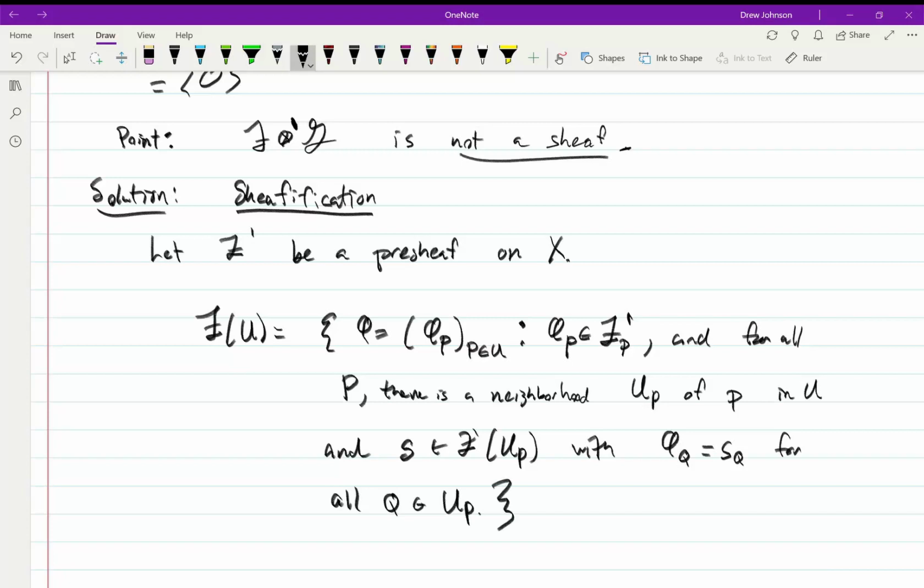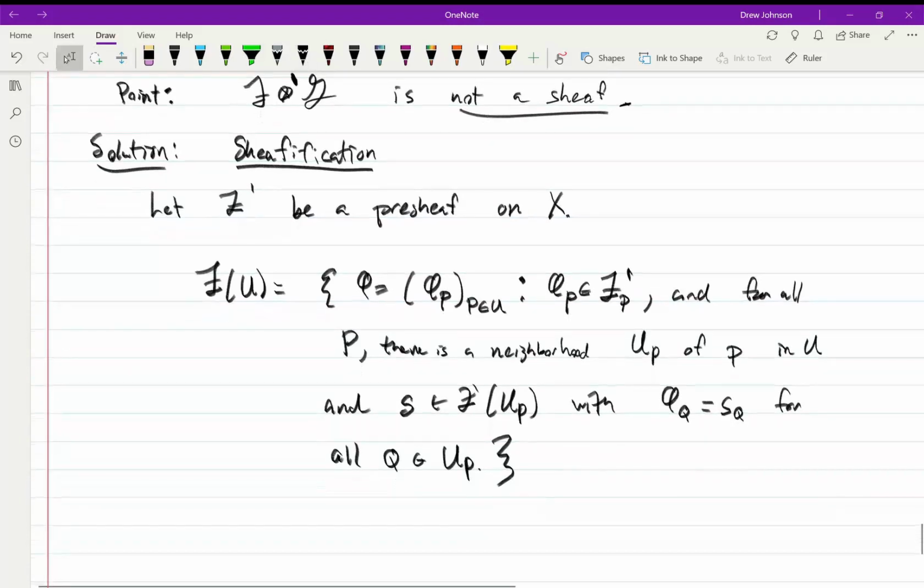All right, so in other words, F of U is just all the things that are locally given by sections of F prime, right? Okay, so let me say that one more time. The sections of F are just locally sections of F prime. So this sort of automatically makes F into a sheaf, right? The gluing is sort of built into the definition. So F is a sheaf instead of a pre-sheaf.